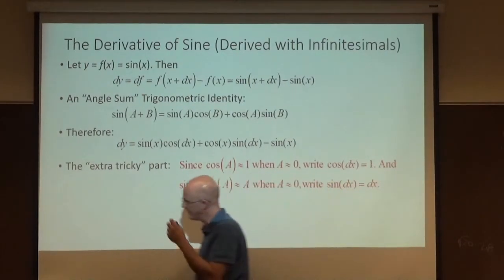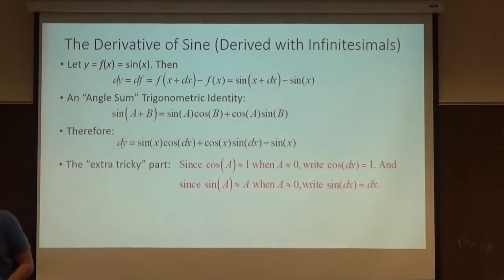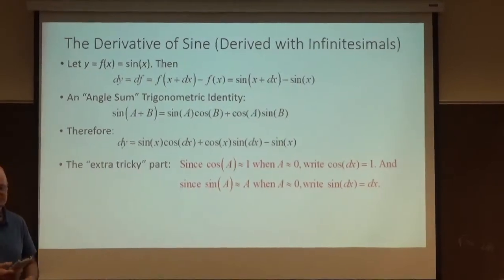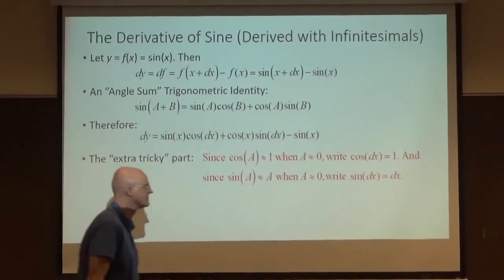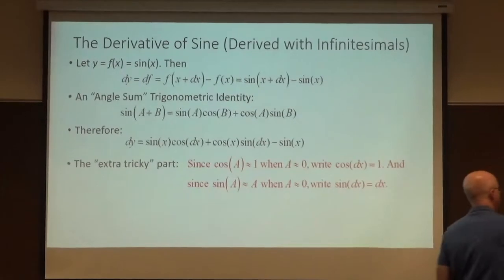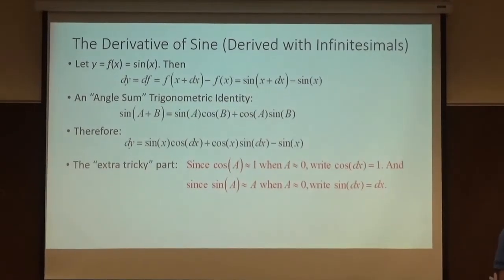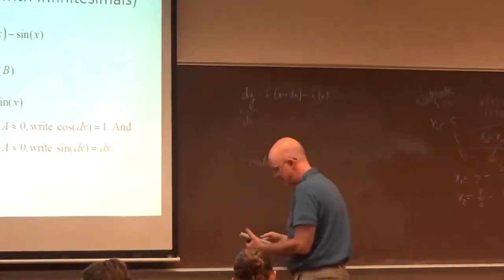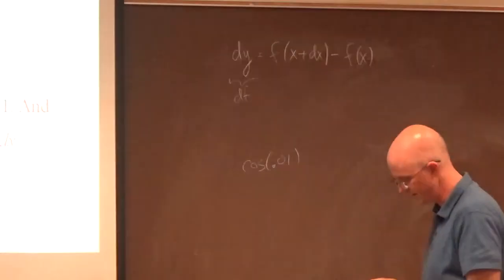If you get your calculator out, I would recommend doing that. Make sure it's in radian mode. And calculate, for example, cosine of 0.01 when you're in radian mode.